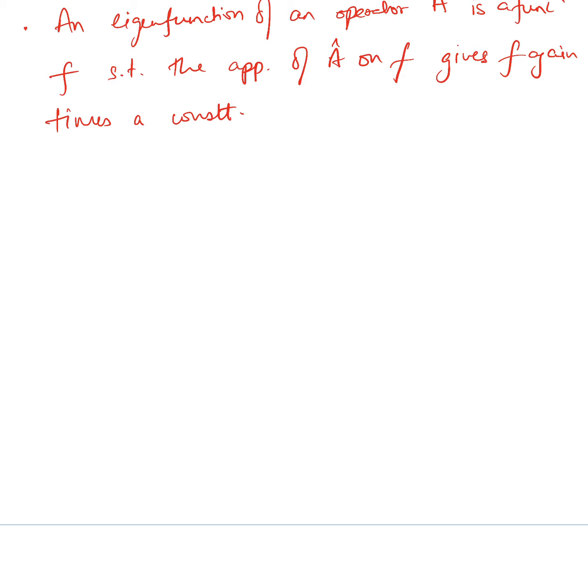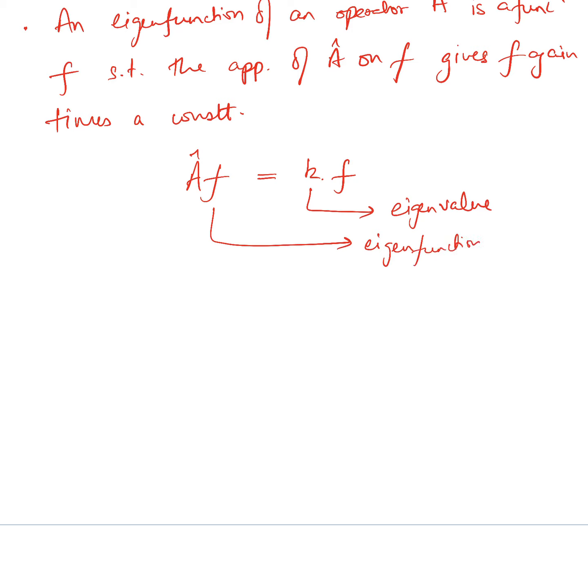Okay, this we can see mathematically. This A hat, if applied on f, where f is an eigenfunction, gives f again multiplied by a constant, let's call it k. So this k is generally defined as the eigenvalue, and this f is your eigenfunction, right?